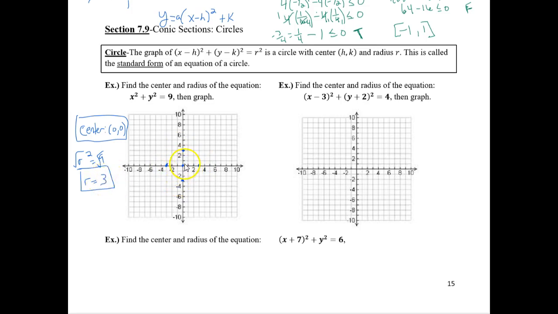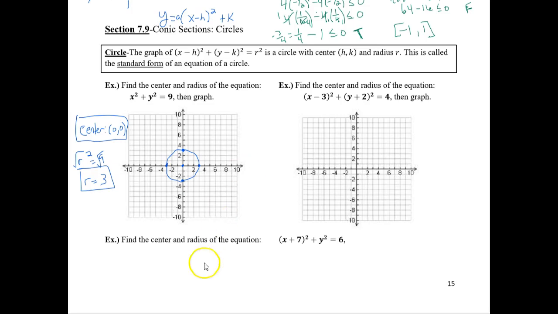The radius will be 3, so no matter where on the circle, it should be 3 units away, but the easiest are just up, down, left, and right. Now we can connect those dots and make our circle. Free hand, not going to be amazing. Going to do my best here, but you get the idea. So there's our circle.